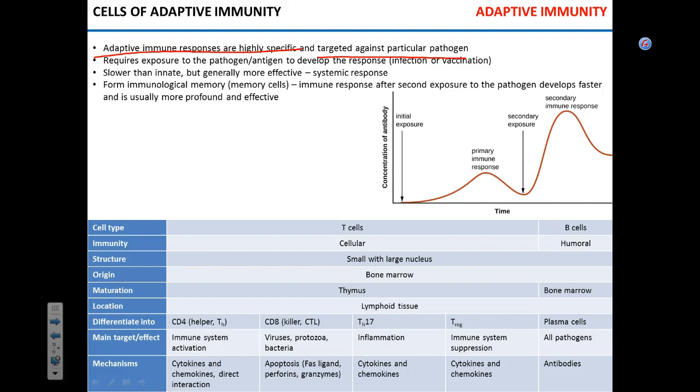However, to develop these specific responses, your adaptive immune cells require an exposure to a pathogen. So here in the graph you see the initial exposure, and it takes quite a bit of time to develop a protective primary response. So it's slower than innate. You can kind of see it.